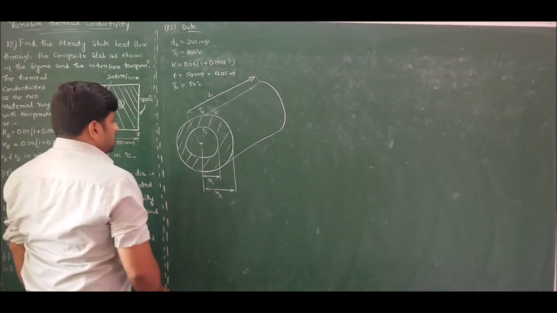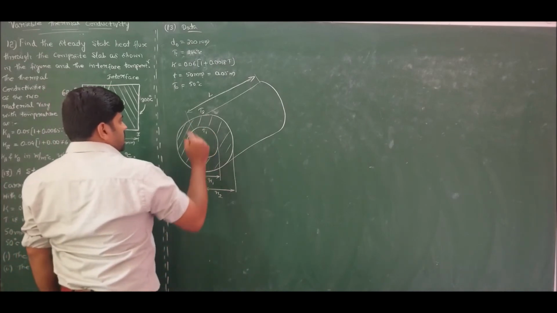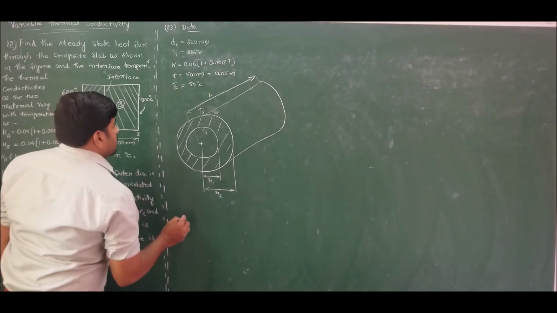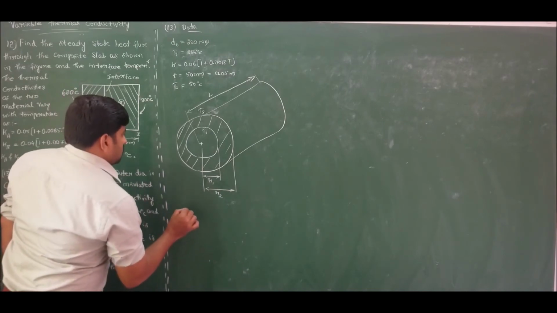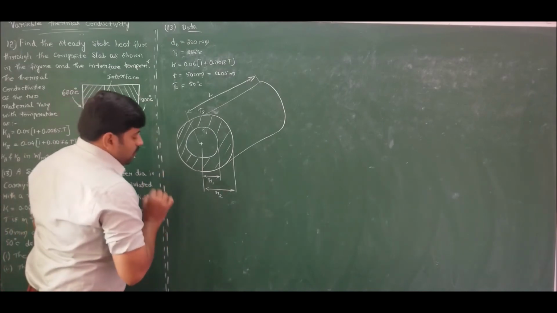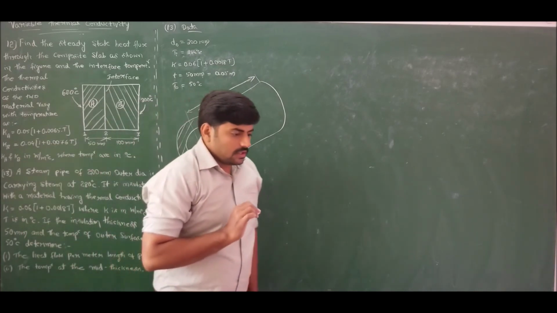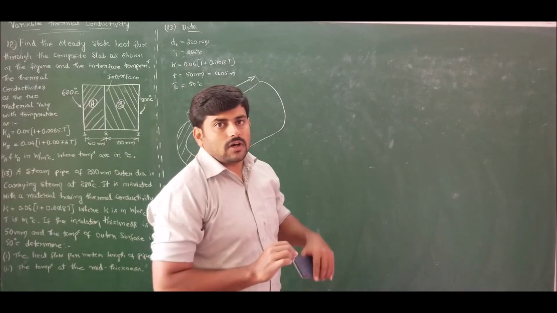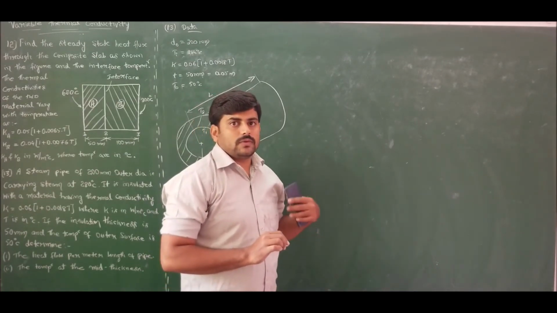Now first let us calculate the heat flow, since we know T1 and T3, and also we have the radii R1 and R2. So directly you can solve for heat flow. One very important point to remember: when thermal conductivity is constant, we can solve for heat flow if I know the temperature between any 2 points.